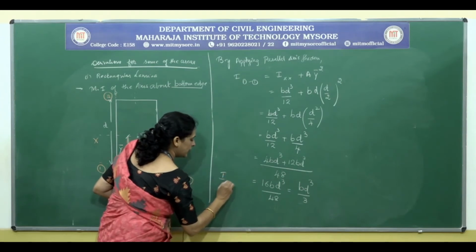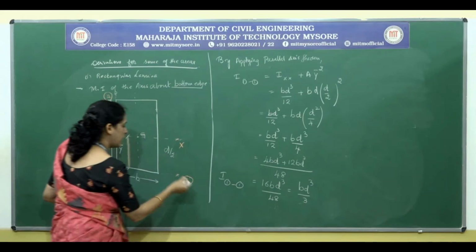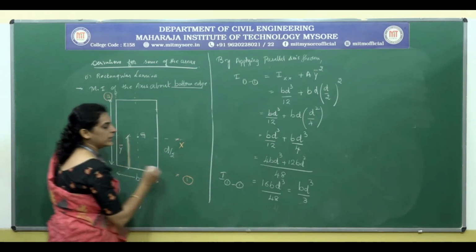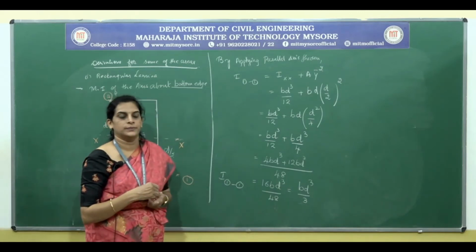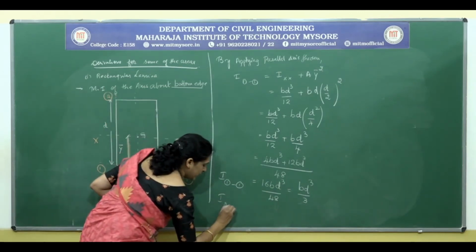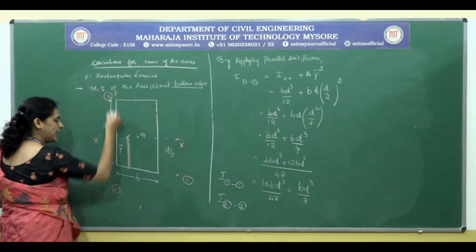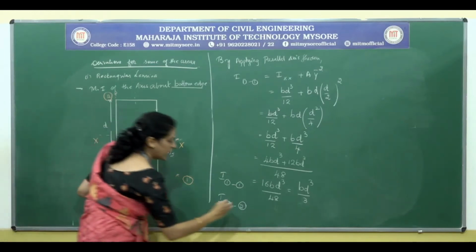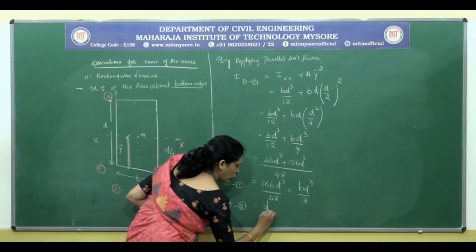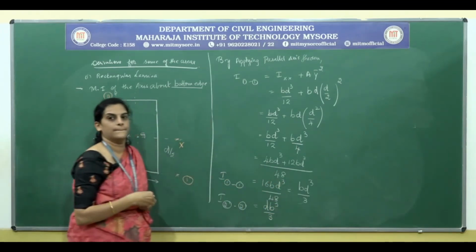Therefore, I11, the moment of inertia about 1-1, is equal to BD cube by 3. Similarly, with respect to 2-2, if we consider this edge, the expression will take the form DB cube by 3.